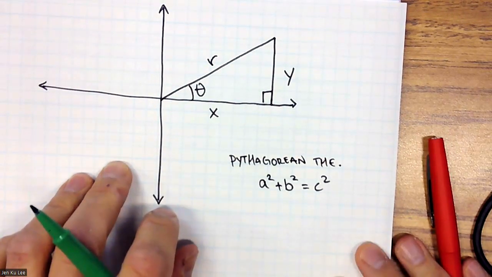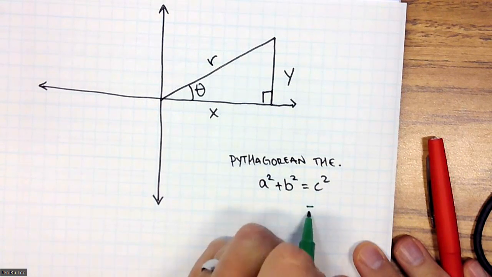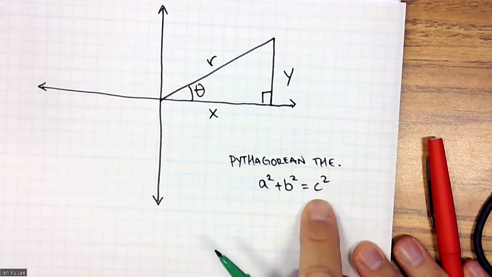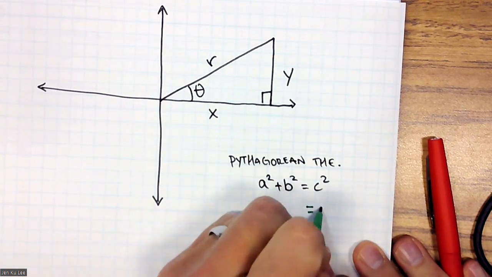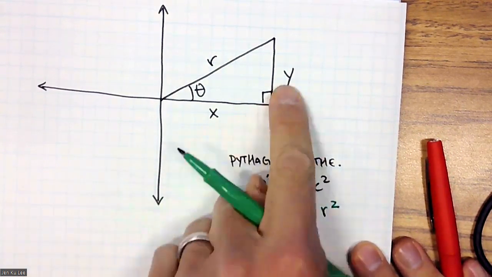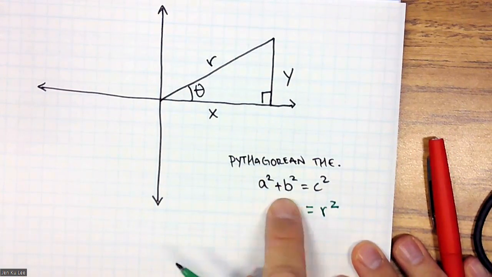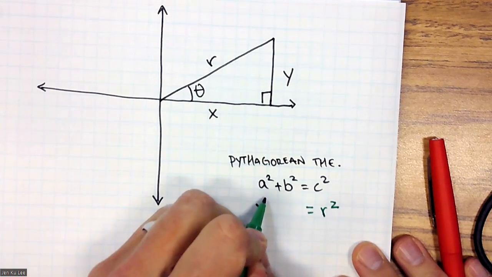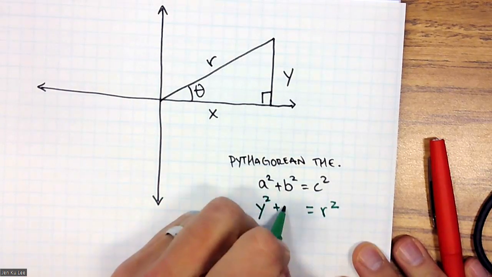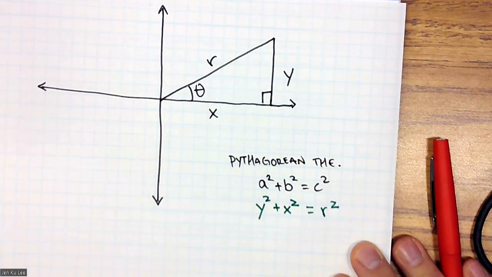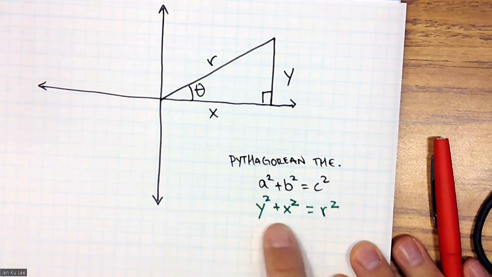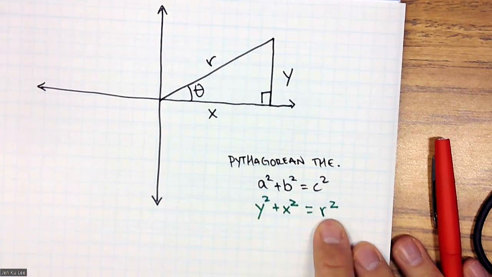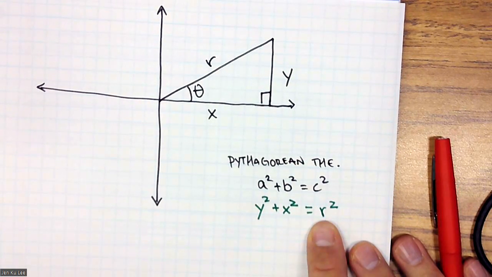The longest side is r, and the longest side has to be c. So this has to be r squared. And then x and y can be a and b, it doesn't really matter. Here, I want to put y squared first. So here is my Pythagorean theorem in terms of x, y, and r. Make sense?